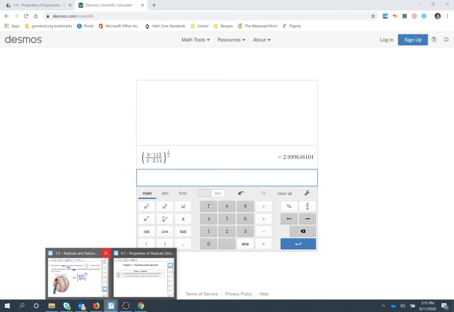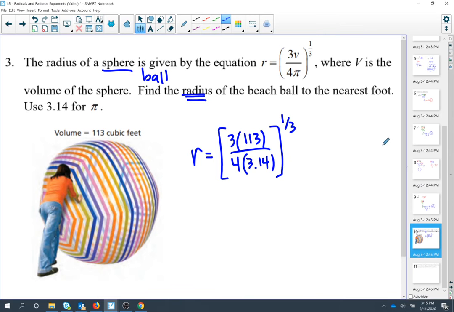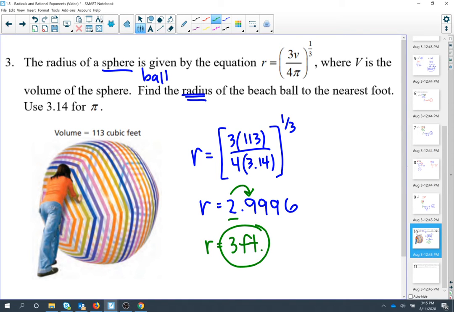So back over here, our radius is 2.9996 if I go out to 4 decimals, but it says find the radius of the beach ball to the nearest foot. So the nearest foot means round to the nearest whole number. The 9 tells us to round up. So the radius of the beach ball would be 3 feet.